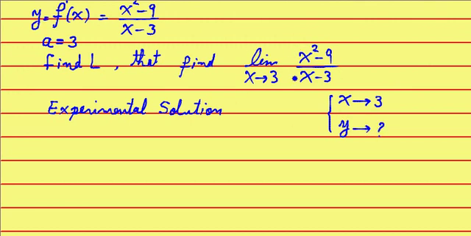As x comes close to 3, what happens to y? Remember, in a variety of these problems, in the more interesting ones, you cannot go ahead and just say, let's take x to be exactly 3. If you let x be 3 here, you get 0 in the denominator. That's one red flag. And you also get 0 in the numerator. 0 in the numerator and 0 in the denominator becomes actually a bigger issue than just having a 0 in the denominator.